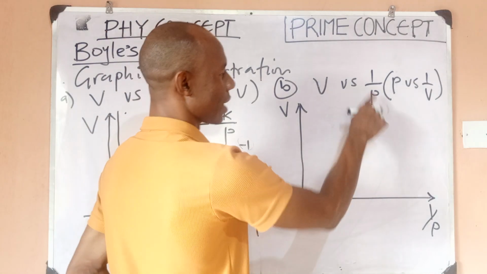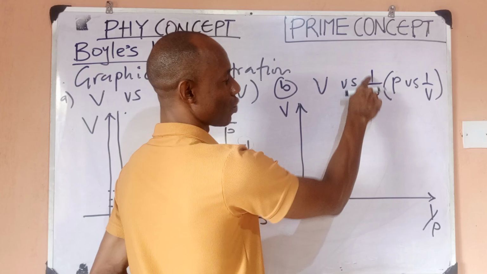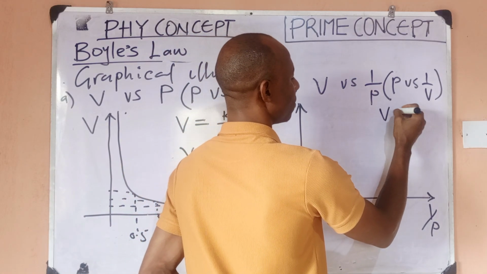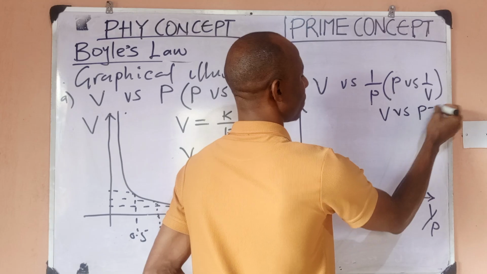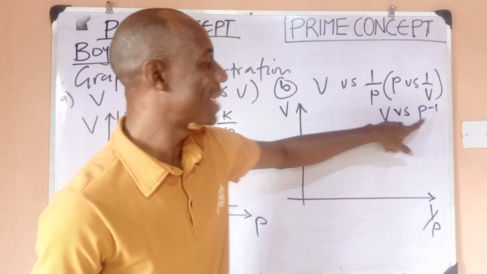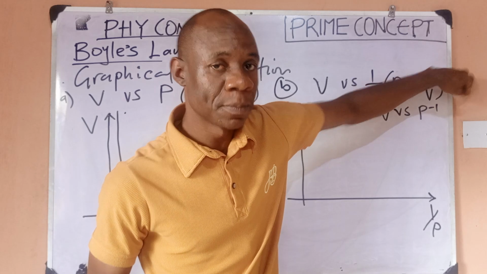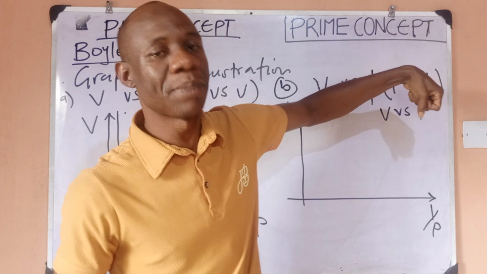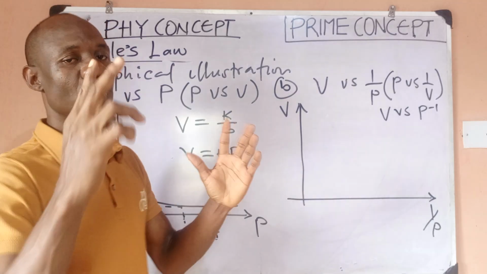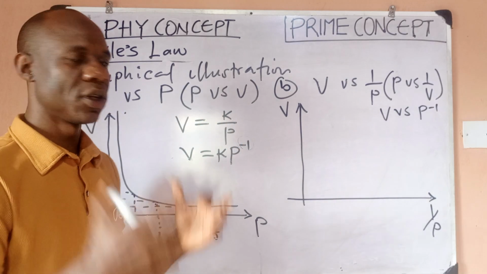But in this second case, I'm plotting volume against 1 over pressure, which is still the same thing as volume against P to the power minus 1. So you can notice in this second case, I'm plotting volume against pressure together with the power. So when you consider it together with the power, you're going to have a straight line. So this is a simple way of knowing when you should expect a curve or a straight line.